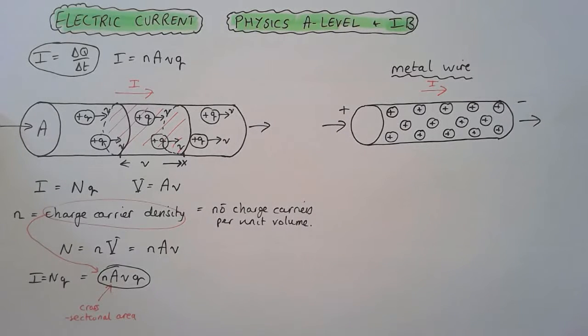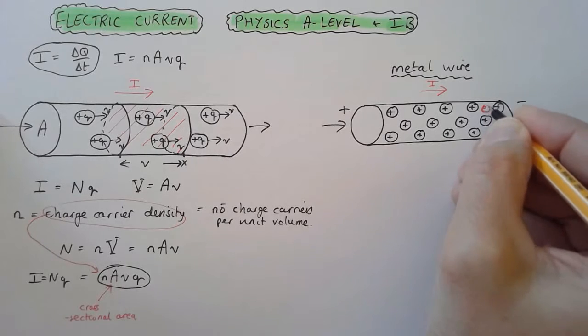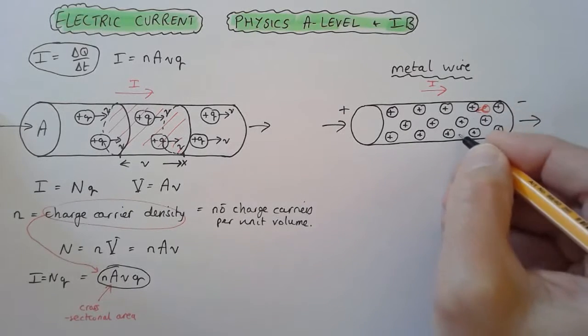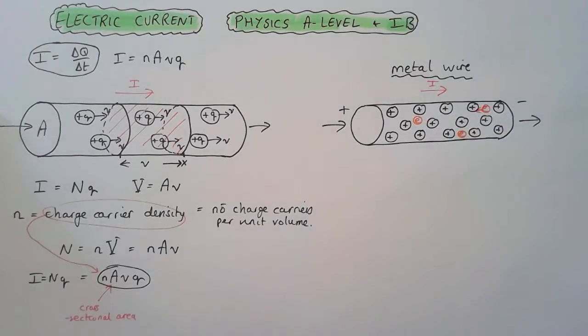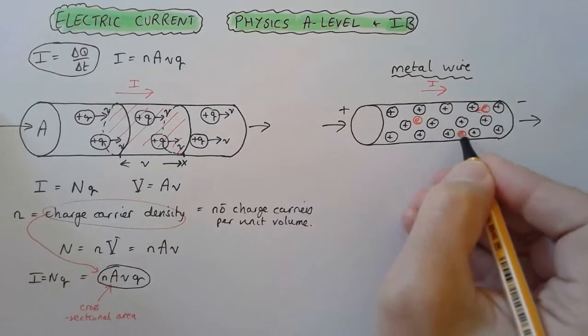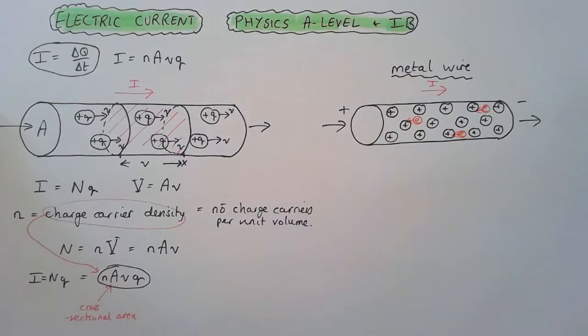But of course, electrons are negatively charged, so they're going to be moving from right to left. And so they're going to be experiencing an attraction towards the left-hand side, even though the current is said to be moving from left to right.